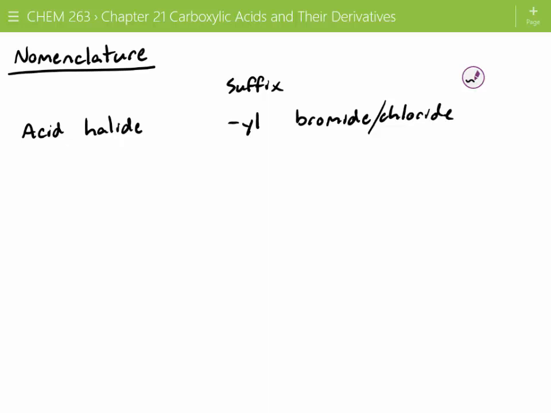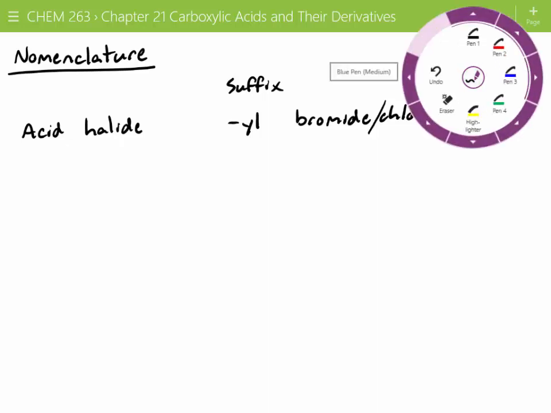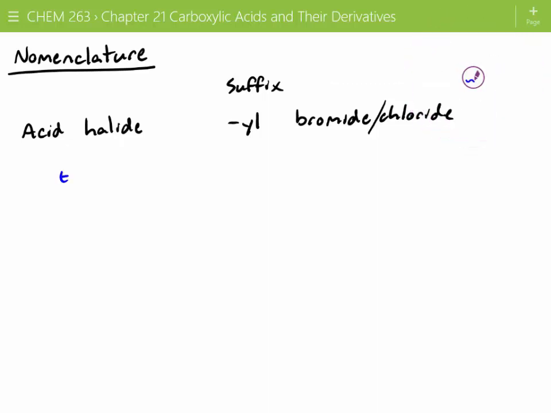So let's do some examples here. Let's compare this carboxylic acid versus its corresponding acid halide.